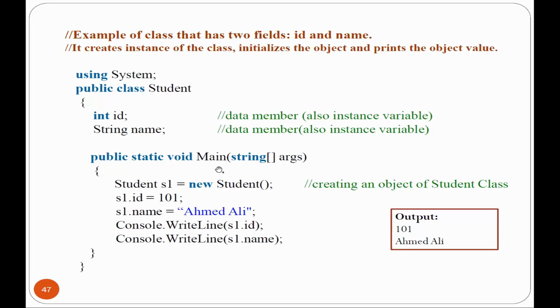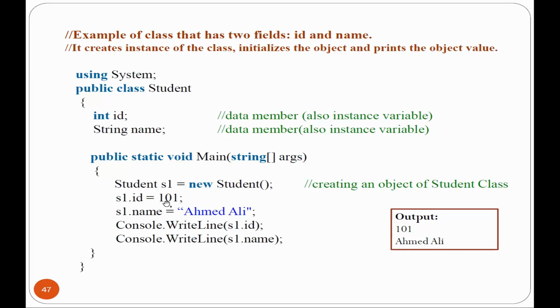Here is the main body. Inside the main body, we just create the object for the class student, and after that s1 is the student object. s1 dot id, we access the members of the class.